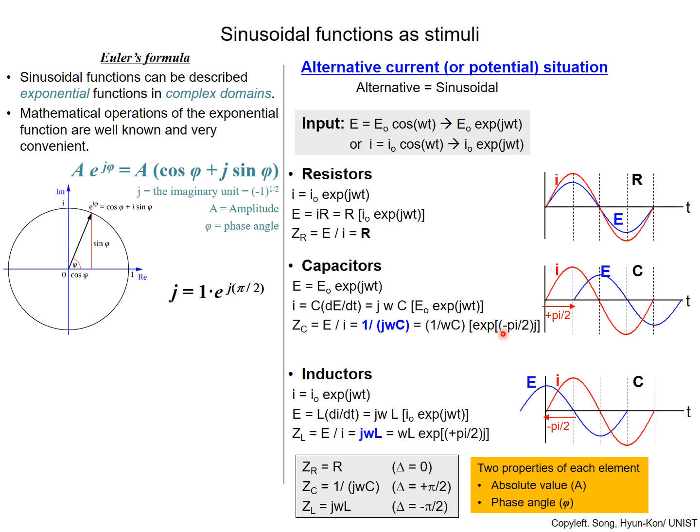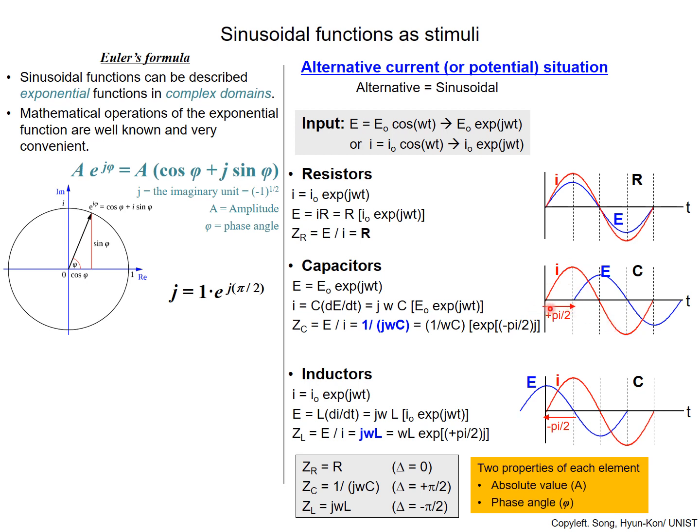What does it mean? In the impedance of a capacitor, the potential leads the current. Look at this graph. The potential is going ahead in front of the current.